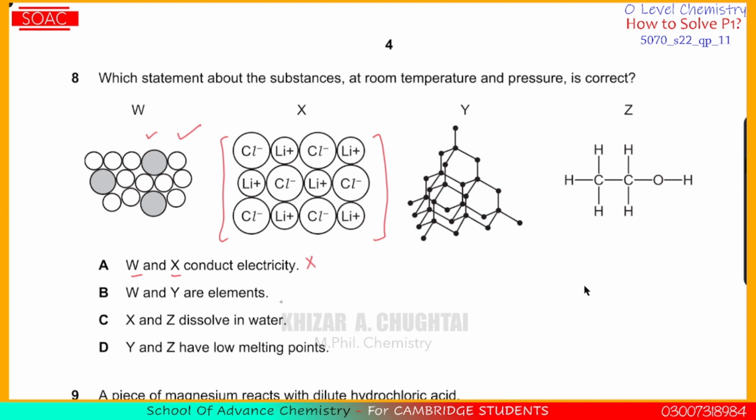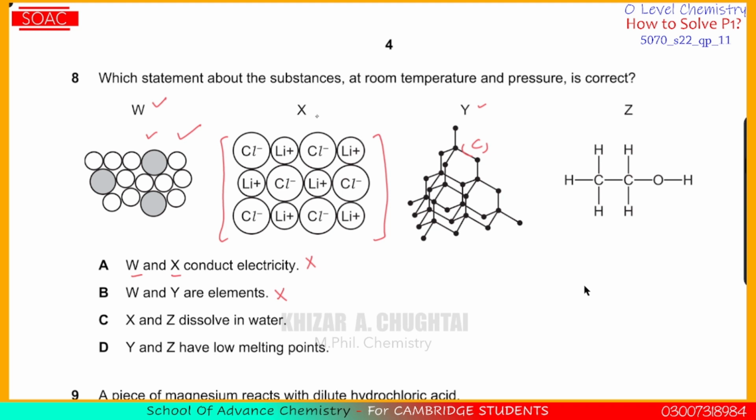Option B: W and Y are elements. Y is an element, yes, it is true, it's carbon. But W is a mixture of basically 2 elements, that is an alloy. Again, it's incorrect. They are not pure elements. Option C: X and Z dissolve in water.